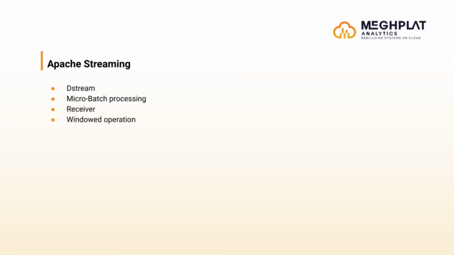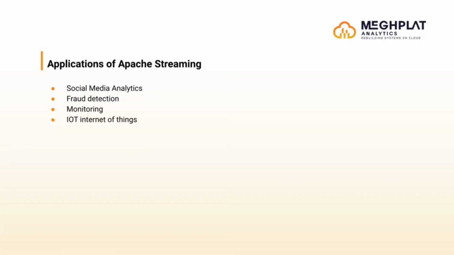right? Now we can understand what Spark Streaming is with some examples or real-time applications, like social media analytics, right? In social media analytics, real-time processing is done on data collected from social media platforms, tracking user sentiments.